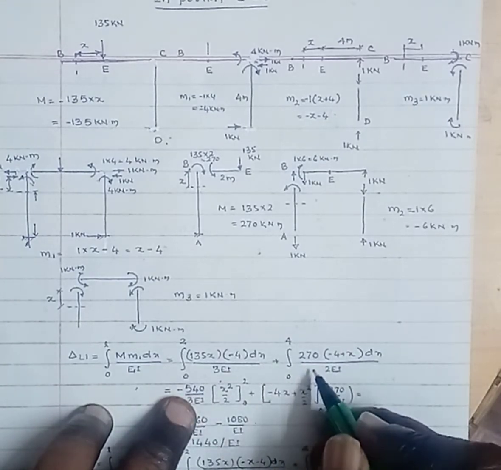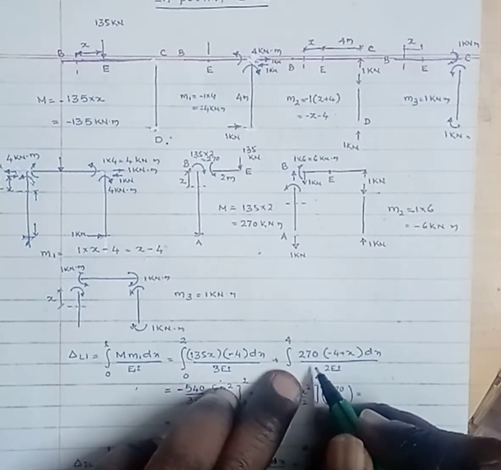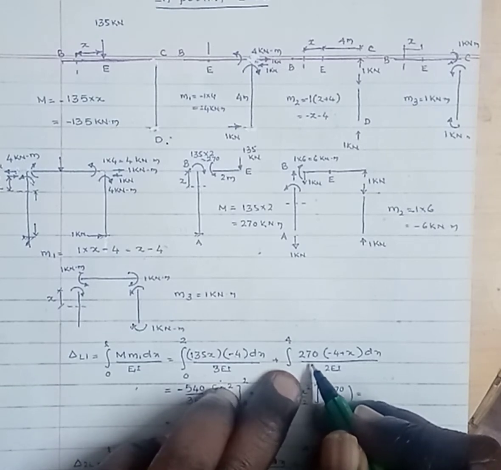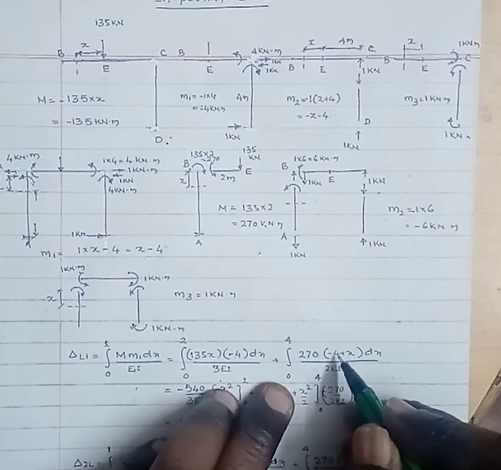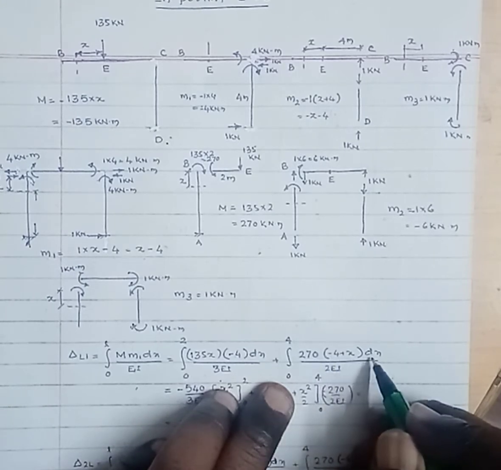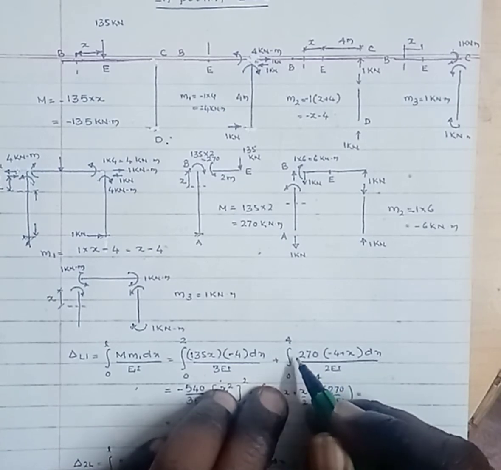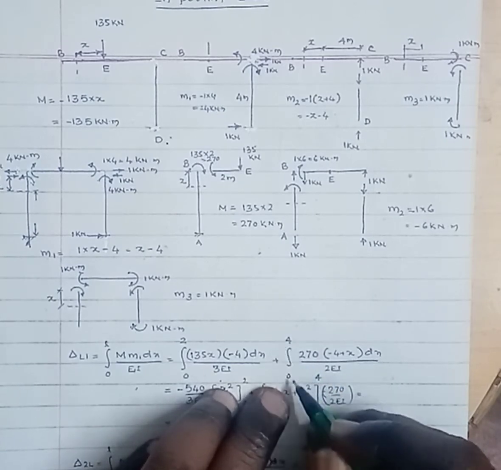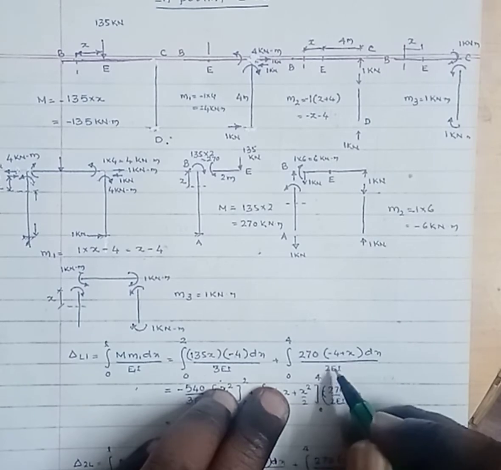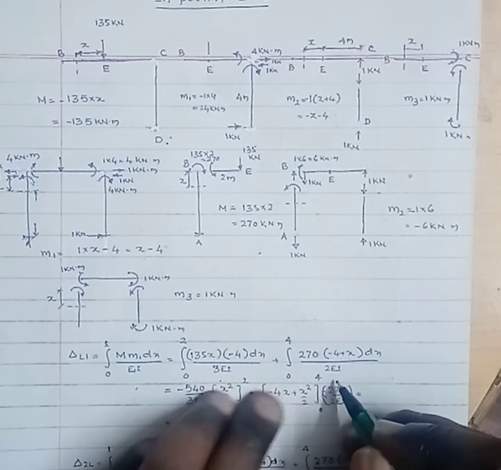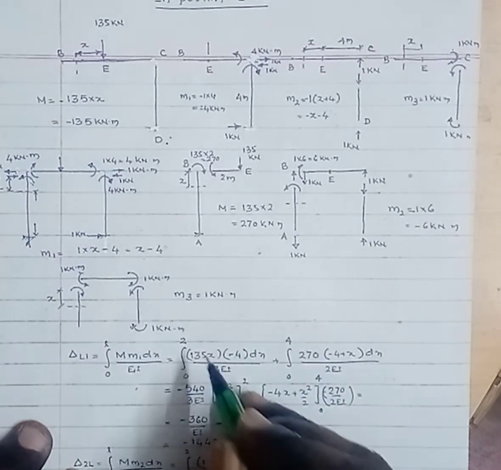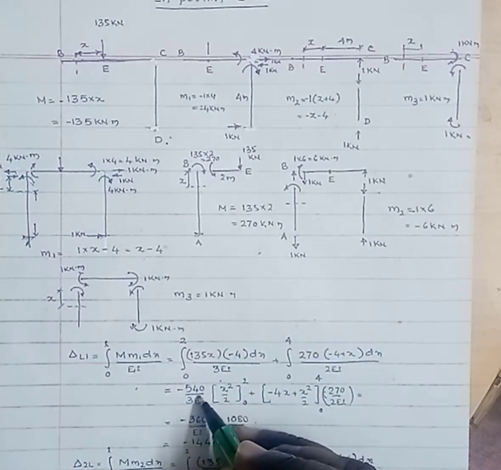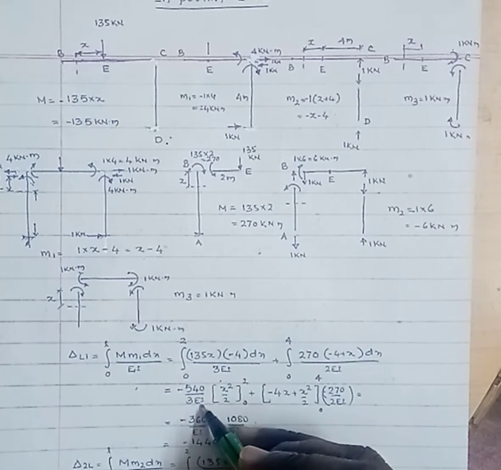Similarly, in the last portion, that is B to A, the bending moment due to the applied load is 270, and due to the unit load in the coordinate direction 1, that is minus 4 plus x. Then the integration within the limits 0 to 4, 270 into inside of the bracket minus 4 plus x divided by flexural rigidity is 2EI. Here 135 into 4, that is minus 540 divided by 3EI.